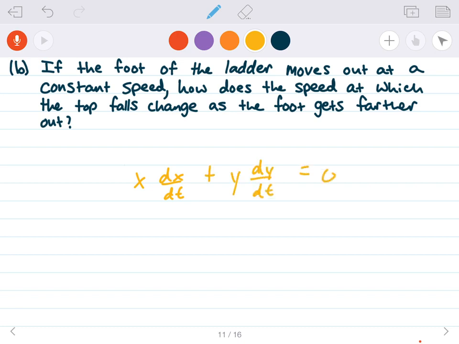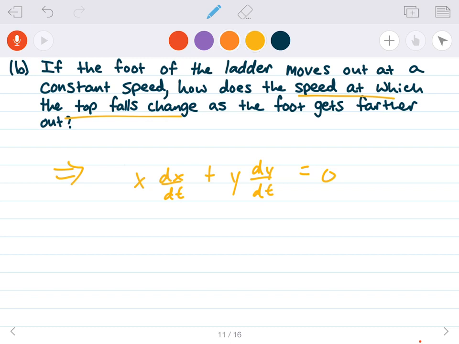That's the general formula before we plug anything in. What are we interested in for this question? We're interested in the speed at which the top falls. We're interested in isolating dy/dt to see what's going on.